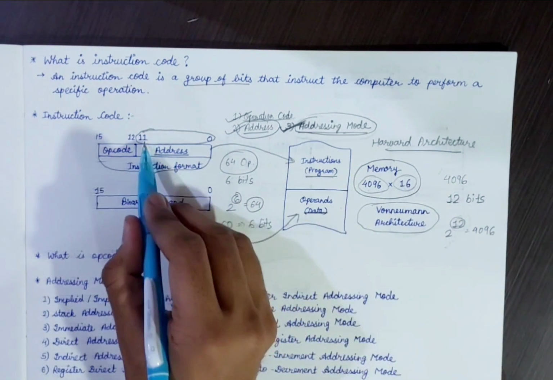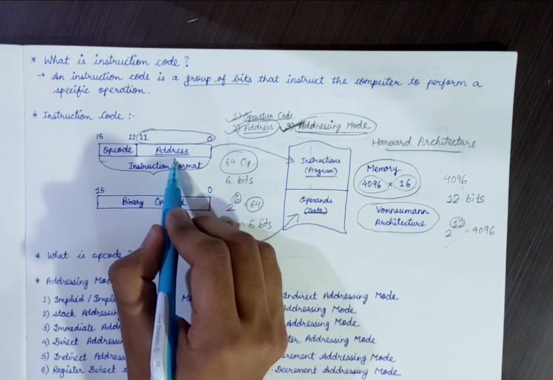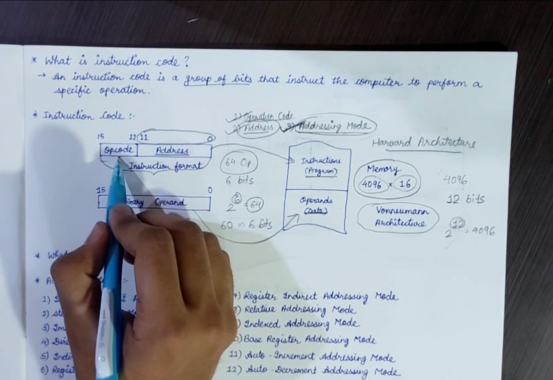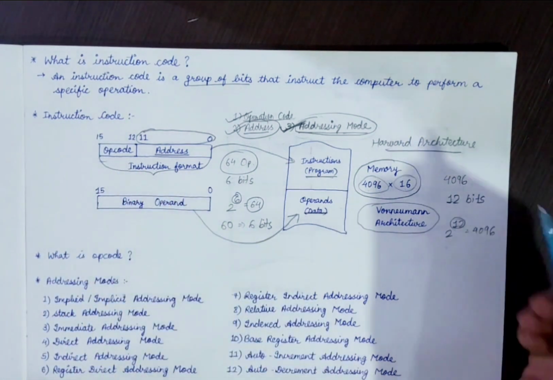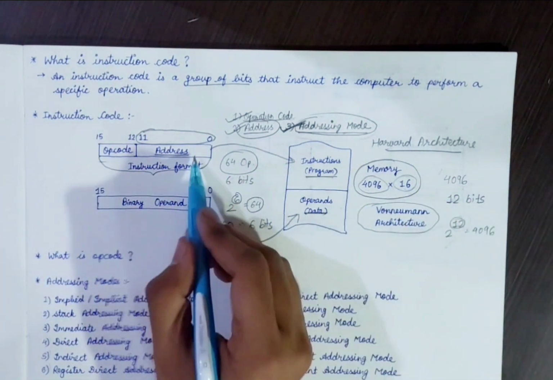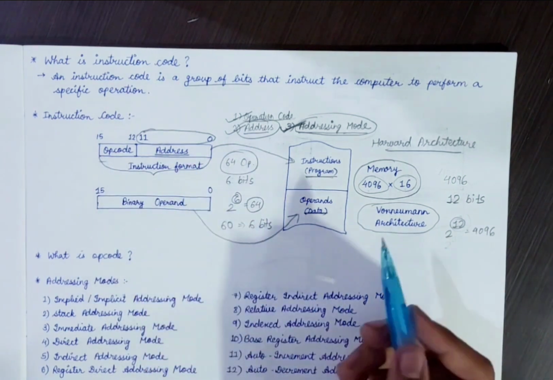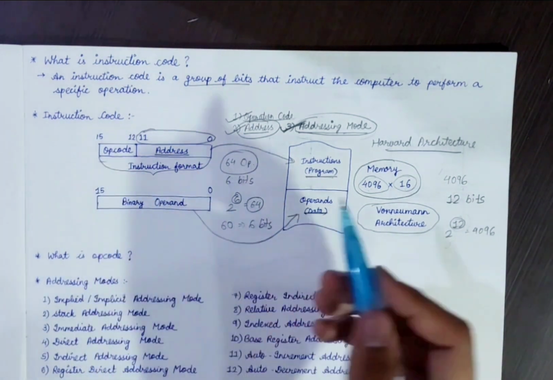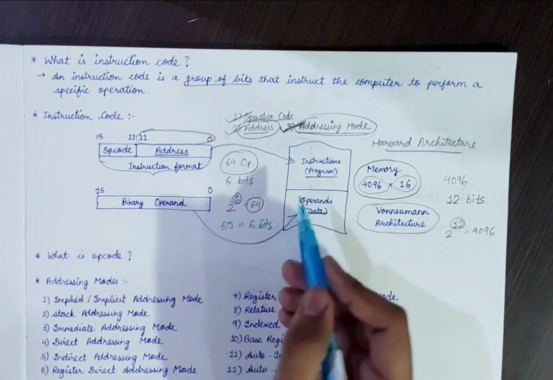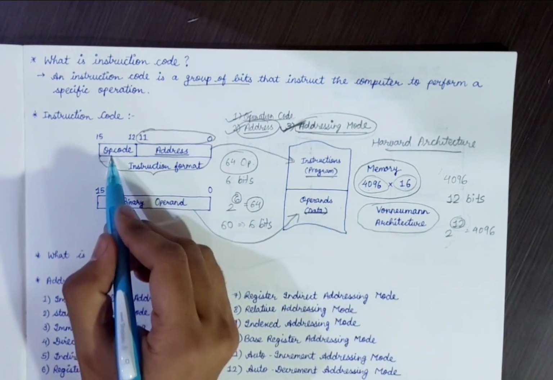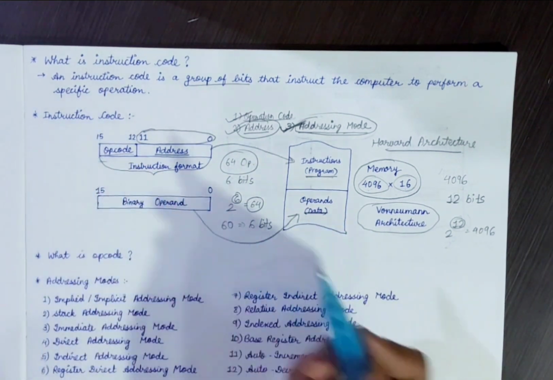So here we have taken 12 bits of address and the remaining 4 bits for opcode. Depending on the size of memory, the address bits can also change, and on the basis of the number of operations a microprocessor can perform, the number of opcode bits can also change.